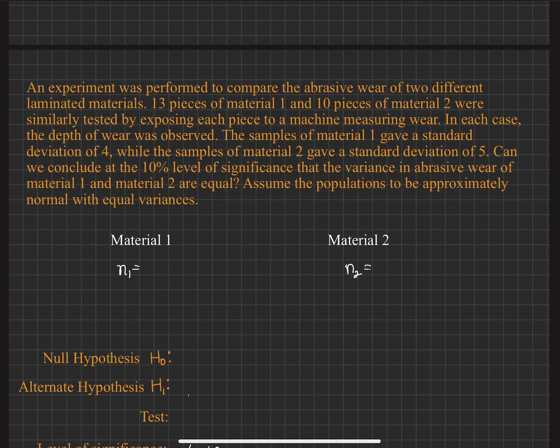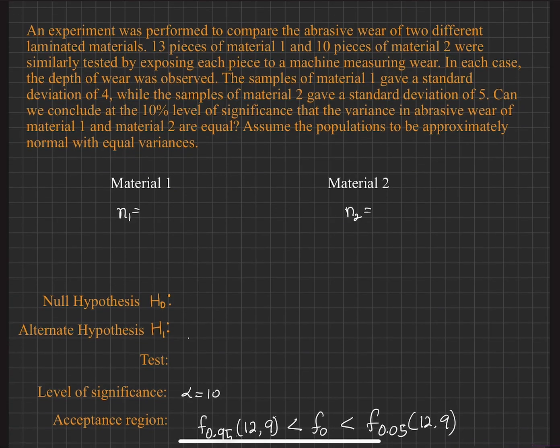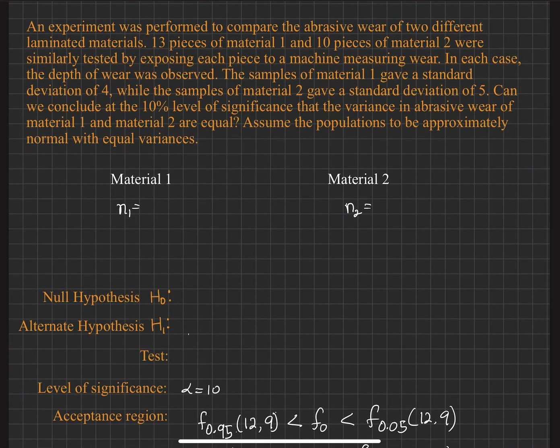Let us go for an example. An experiment was performed to compare the abrasive wear of two different laminated materials. 13 pieces of material 1 and 10 pieces of material 2 were similarly tested by exposing each piece to a machine measuring wear.